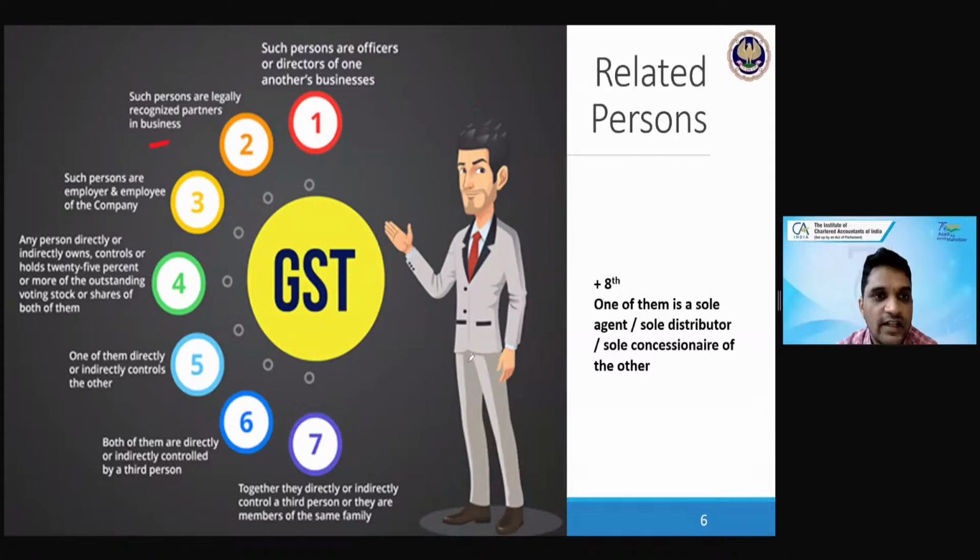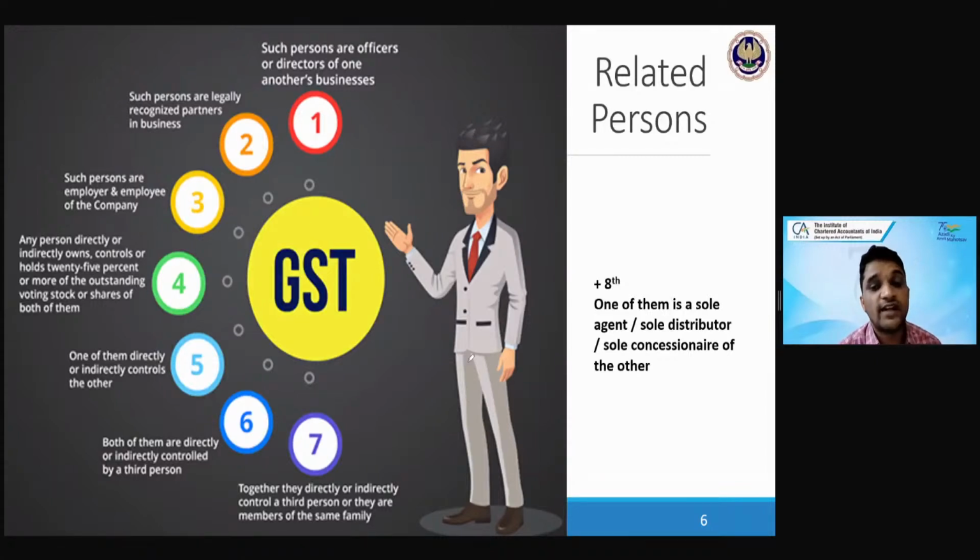Such persons are legally recognized partners in the business. Such persons are employer and employee of the company. Any person directly or indirectly owns or controls 25% or more of the outstanding voting shares or stocks of both of them.